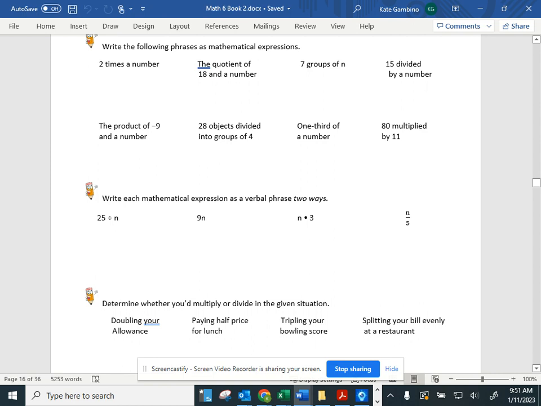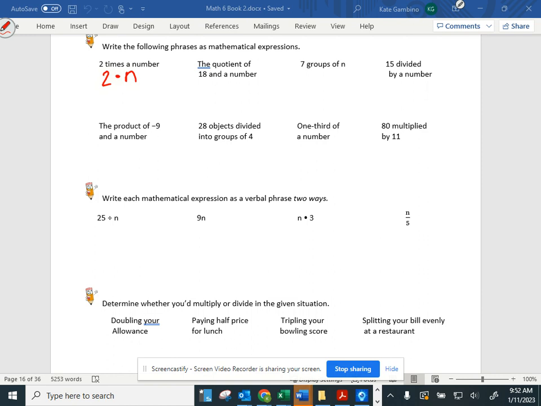So 2 times a number. How would I write that? 2 multiplying sign and then like times the variable a or like. Yeah, the variable. I'm going to put n because number starts with n, and so that's just what I naturally go to. But you could do 2 times a.